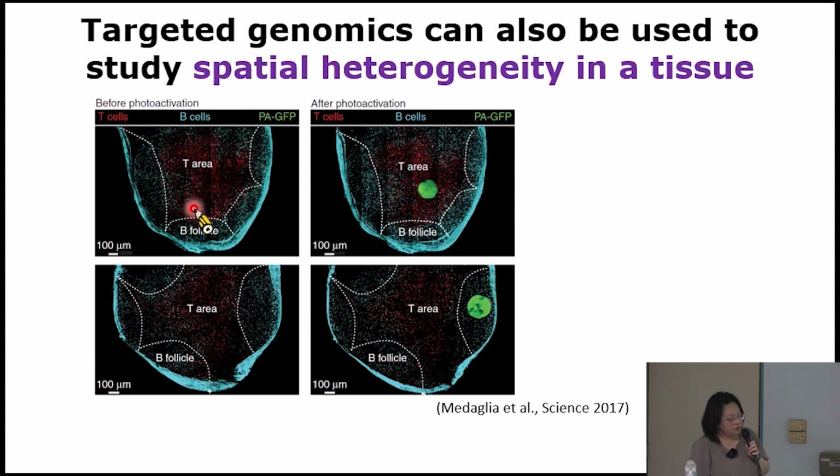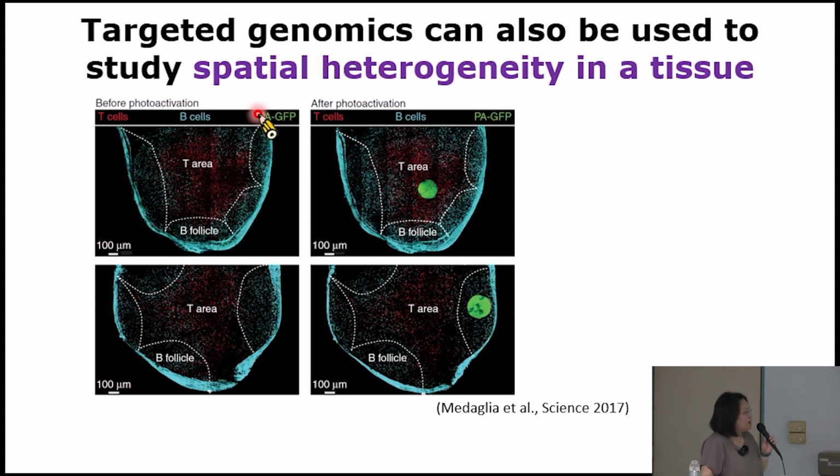But scientists are still interested in knowing what the difference is between, say, the T area and the B follicle, whether there are any rare populations of cells there, and what kind of markers these cells are expressing. So what they did is, in a transgenic mouse expressing PAGFP, they inject the mouse with fluorescent T or B cells. They use the T and B cells to roughly mark the different regions in the lymph node.